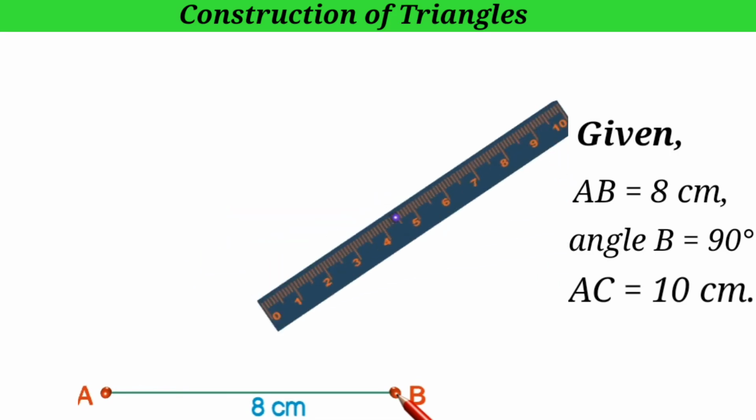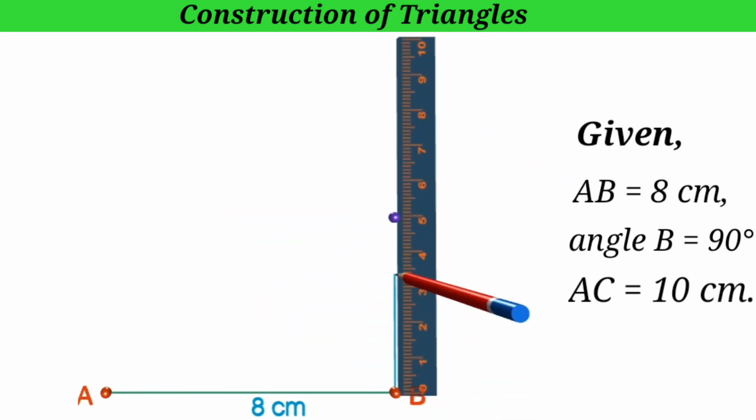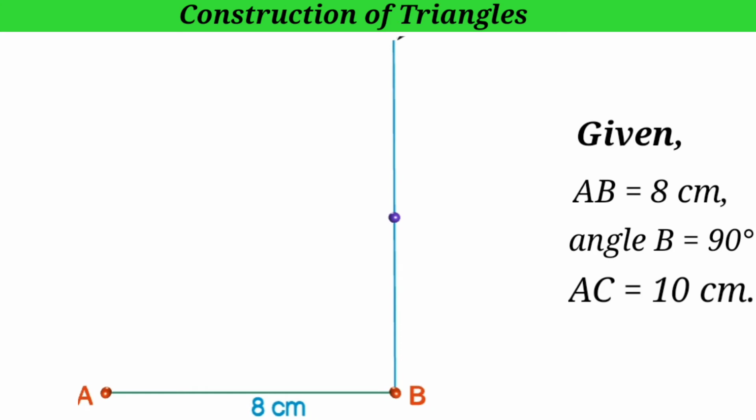So now you have to draw a ray by passing through the point B and the 90 degrees point which we have identified. Passing through that point we have to draw a ray BX. So here there is no limit to draw the ray, so we can draw as is convenient.